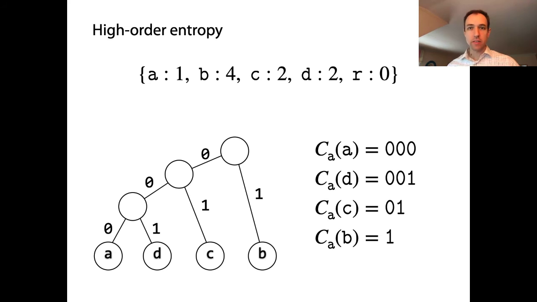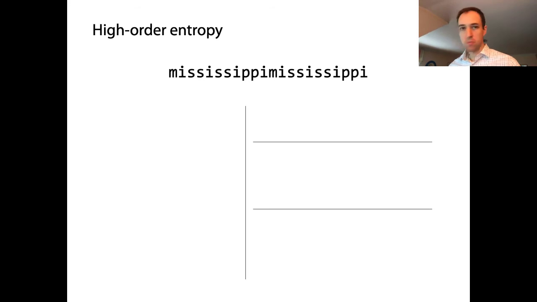All right, so now let's create the entire code for a particular example. And we'll just use a context of 1 so that it doesn't take us too long. And so let's look at a new string. This is just Mississippi twice. And we're going to go by left context, one character of left context. So we're going to stratify by left context, just taking one character to the left.